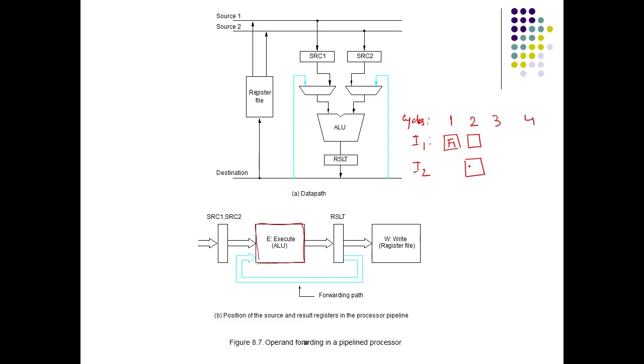Fetch, second instruction, this is decode, then write back, and this is again decode. So, this is execution, E1, and this is also D1. Up to this point there is no problem.